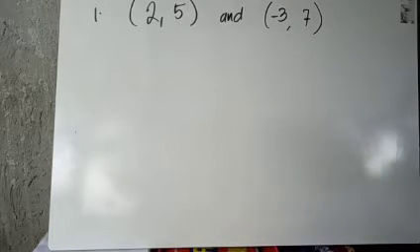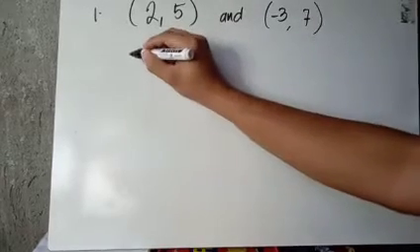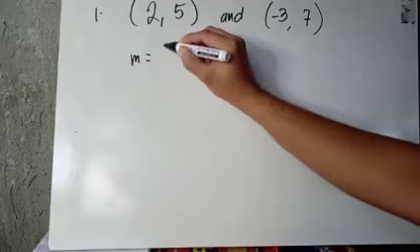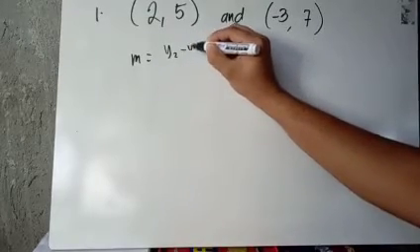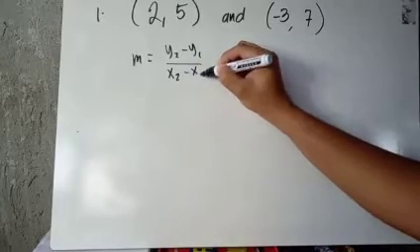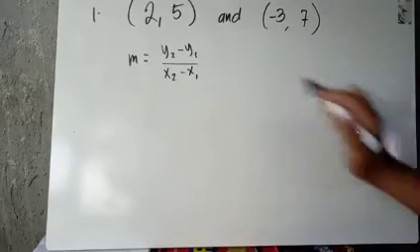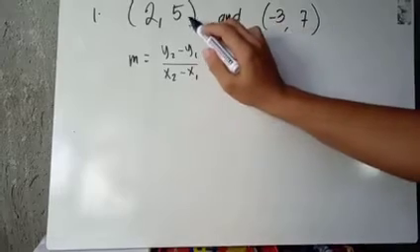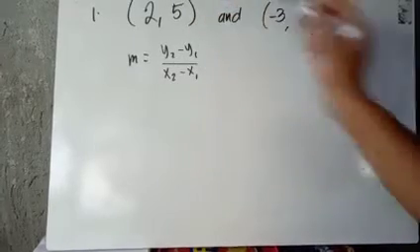Gagamit tayo ng rise over run para mas madali nating malaman yung slope. Pero kung gagamitin natin yung formula, M is equal to y sub 2 minus y sub 1 all over x sub 2 minus x sub 1. You just need to determine the values of these 4 variables first.